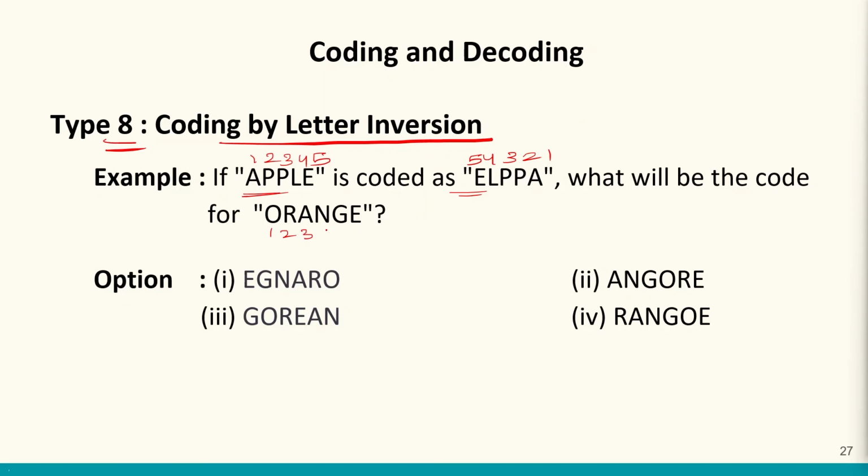Similarly, let us rank them like this, 1 to 6. So our code will be 6 5 4 3 2 1. At 6 we will have E. G will come at the 5th position, at the 4th position N, 3rd position A, 2nd position we will have R, and O will be at the 1st position. So our code will be EGNARO. So I can say the answer will be option 1.